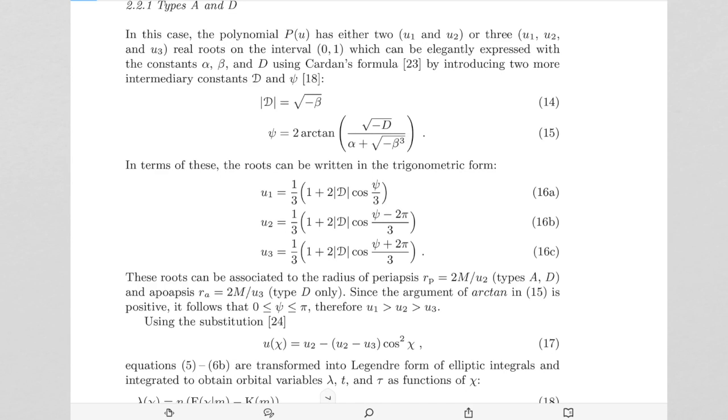In fact, let's go back to Kostic's paper and see how he handles it. You'll notice that in Kostic's paper, he has slightly different definitions of things. Here's this arctangent. It's 2 times the arctangent of minus d over alpha plus beta cubed. And inside the paper, you will see how alpha and beta cubed are related to q and r, like we had it. Through all of these, you end up with the square root of minus q, which appears here.